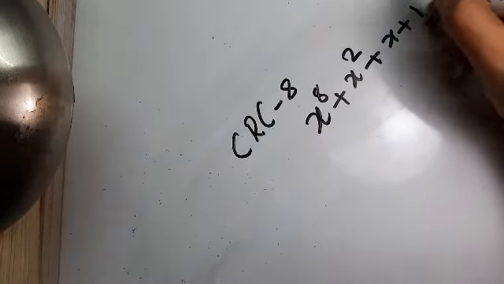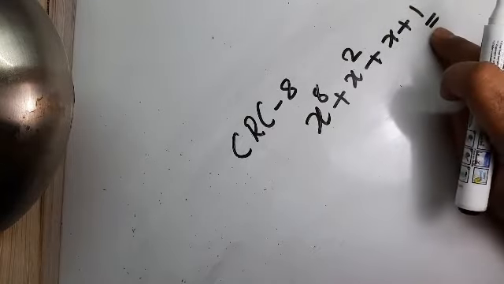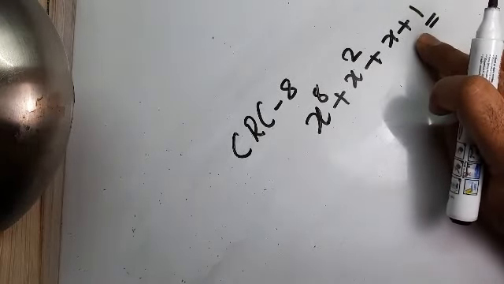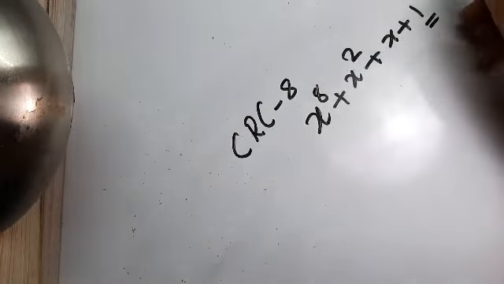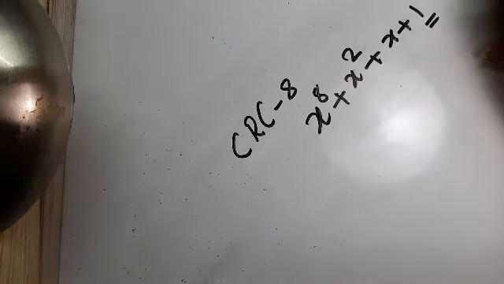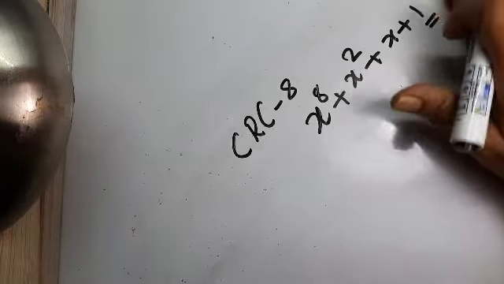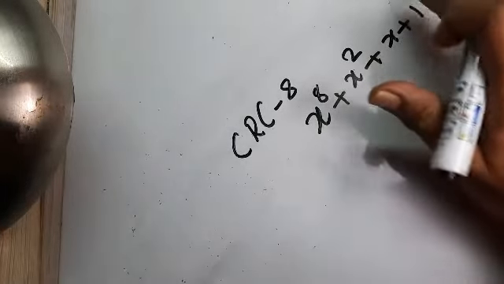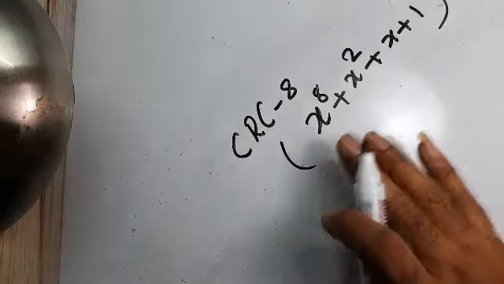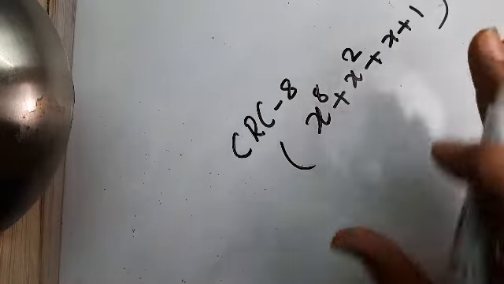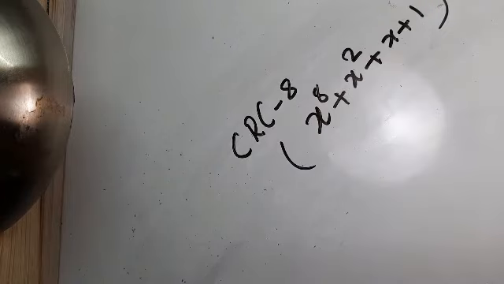You see the x raised to 0 term is there, there is more than one term, and it has a factor of x plus 1. These are the conditions it is satisfying, so we call it a standard one. Such standard polynomials are used for error detection.